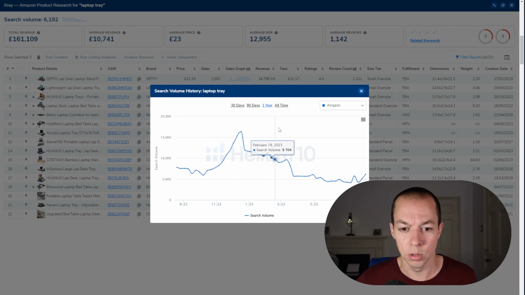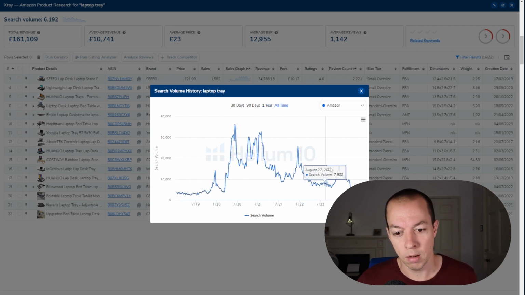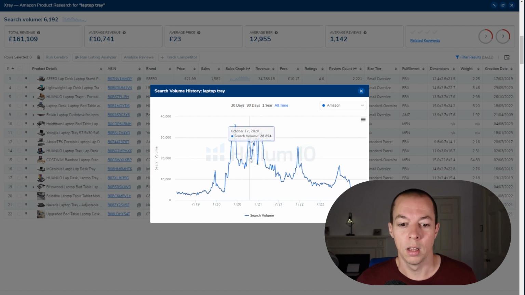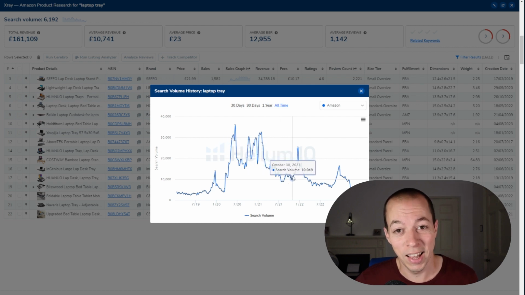The other thing that I noticed that was super interesting with this product, if we put it on all-time view, we can see these same peaks. So this was December 22, this was December 21, and this was December 2020. What this is a clear indicator of is probably less and less people are working from home. You can see this decline because people are returning to work after what happened over the past few years.